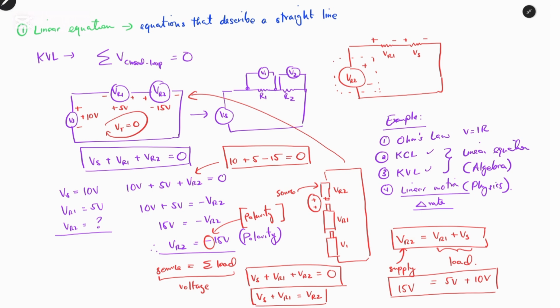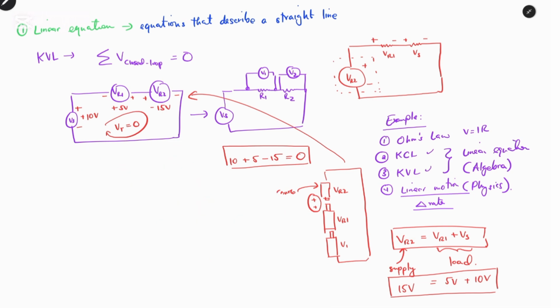And when we want to show it graphically, by using the operator, we can have Vs, which equals 10 volts.